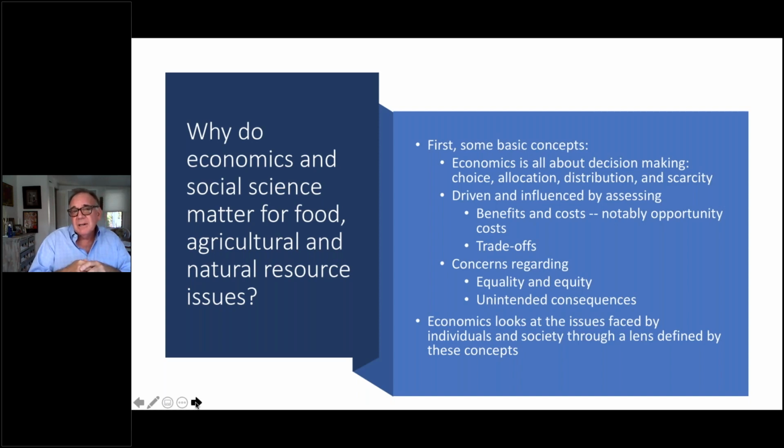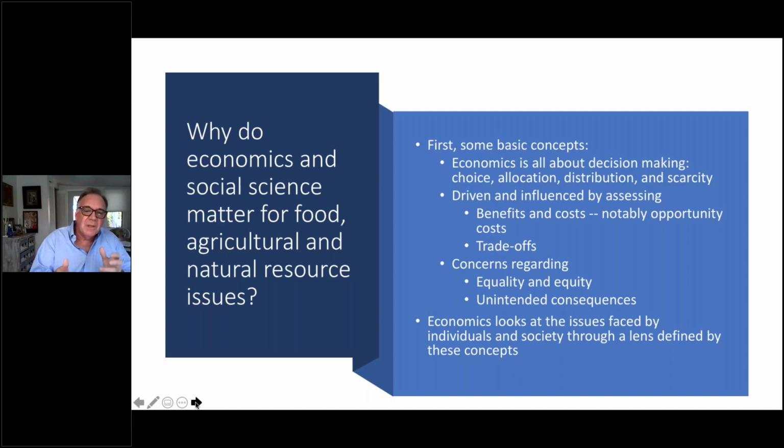And then what are the unintended consequences? Policy choices often have direct impacts and direct influence on certain behaviors or actions, but there are indirect things that happen as well, and they produce consequences that were not intended.